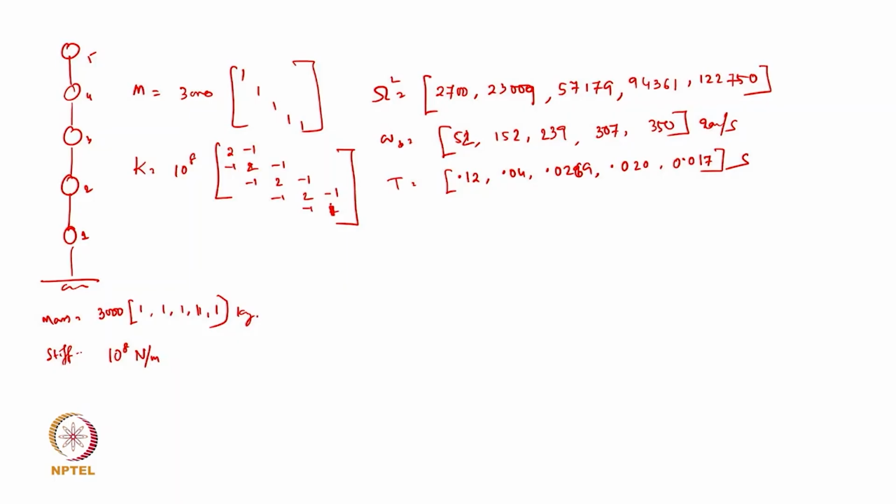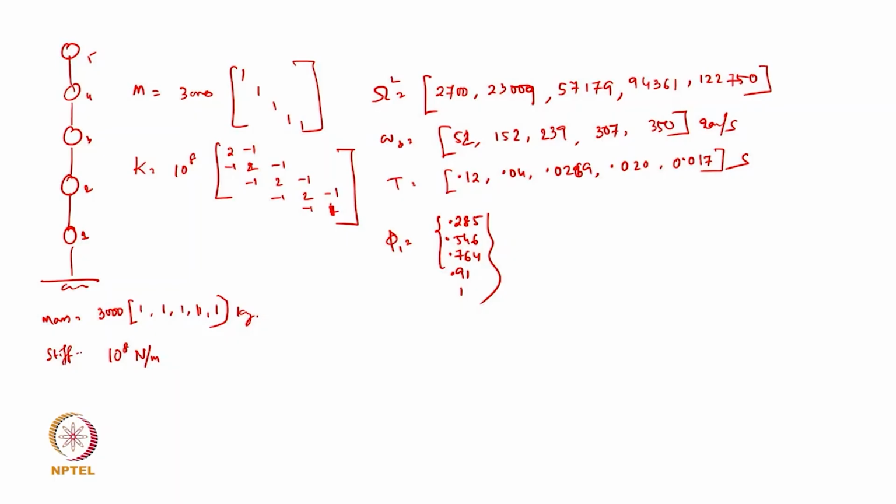My phi 1 matrix is coming somewhat 0.285, 0.546, 0.764, 0.91 and 1. That is my first matrix, I mean the first mode shape.